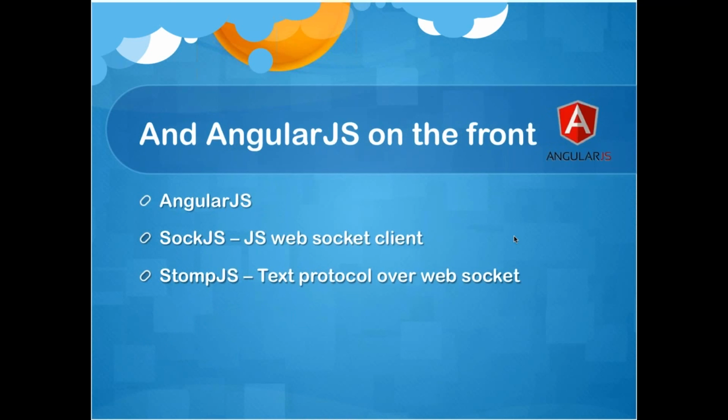And on the front end, we use AngularJS very extensively. For WebSockets, we use a WebSocket client called sock.js. Sock.js is a browser JavaScript library that provides a WebSocket-like object. Under the hood, sock.js tries to use native WebSockets first.